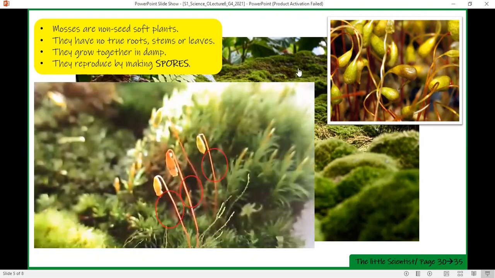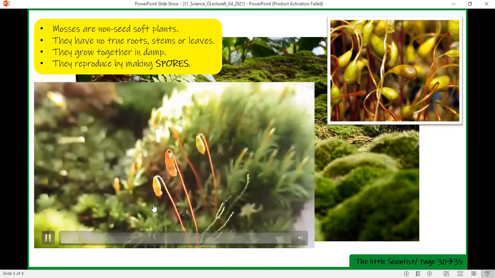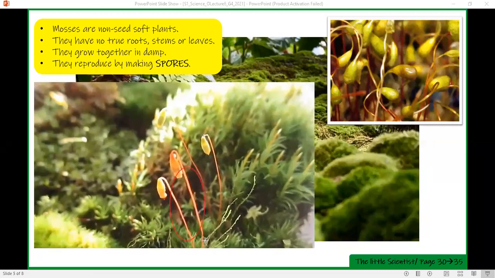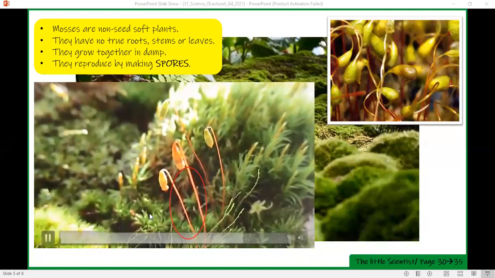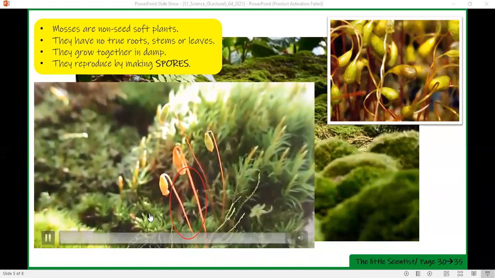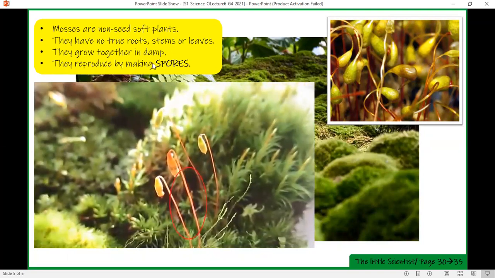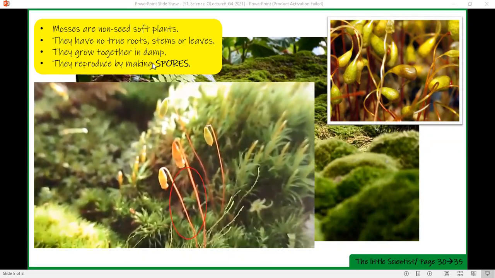Again, did you see? Look right here, you can clearly see the spores of the moss plant. So these spores will grow into new moss plants.